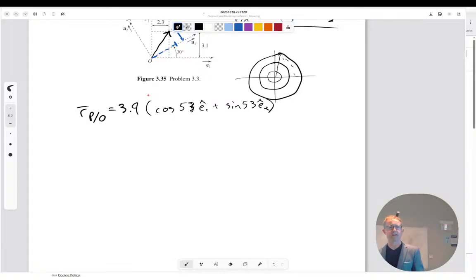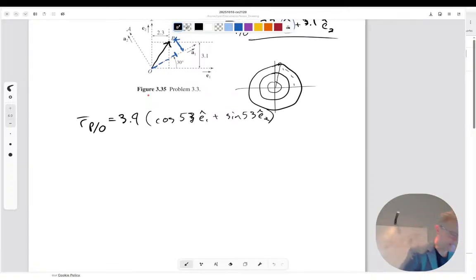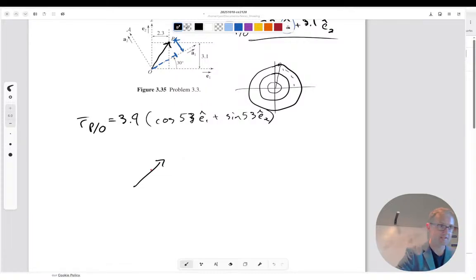I'm just confused how they got 53. Is it not 53? What's the angle? I just don't know how to get there. How to get the angle? We know a lot about this thing now, because we're beating this horse to a pulp. We know this is hypotenuse 3.9. We know this is adjacent of 2.3, and this one is 3.1.